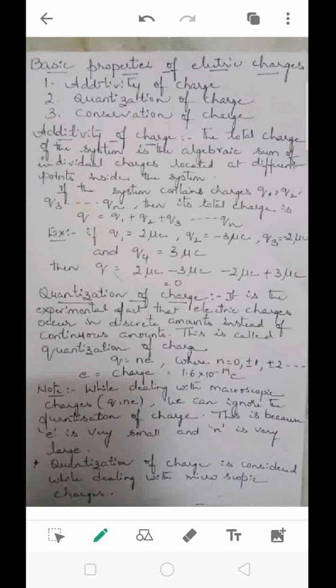So at the macroscopic level, the quantization of charge is negligible. It will be considered only at the microscopic level. Understand? Quantization of charge becomes important at the microscopic level, where all the charges involved are in the order of tens or hundreds, etc. Right?